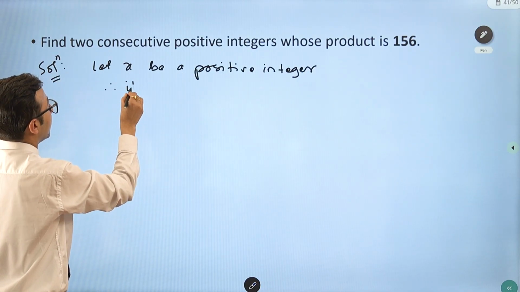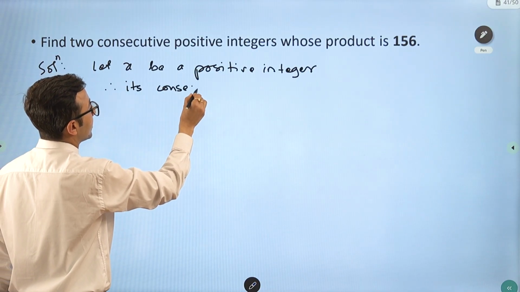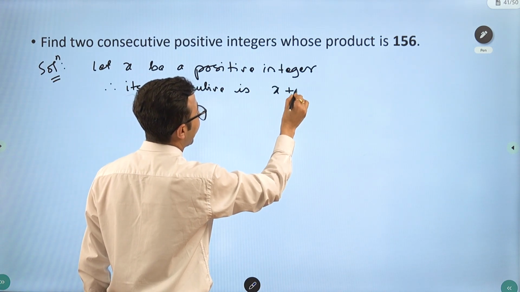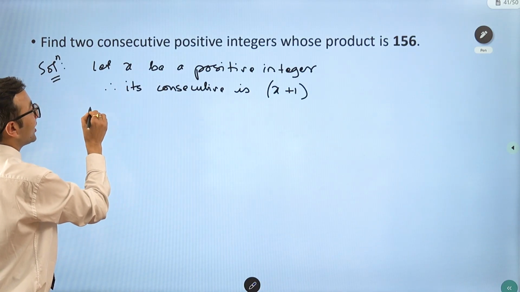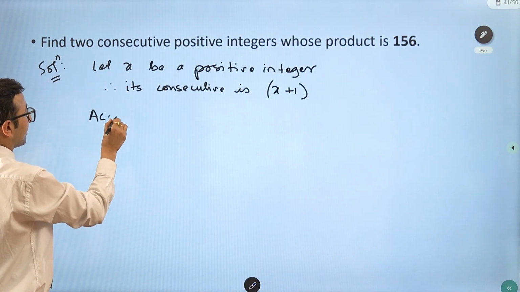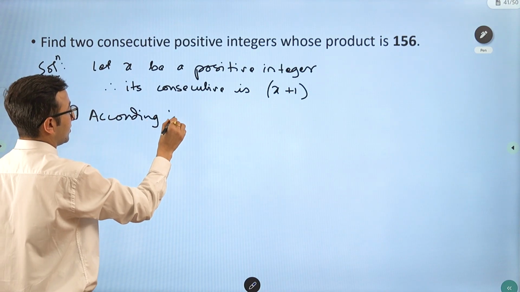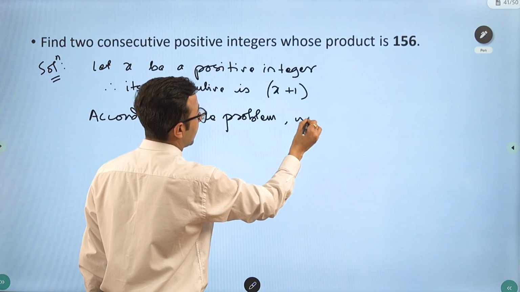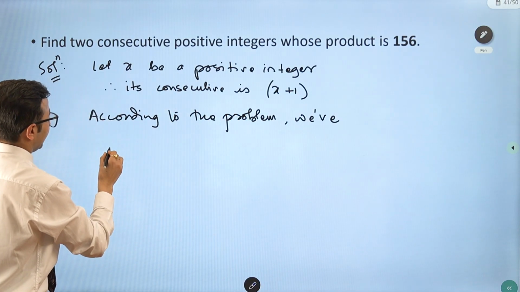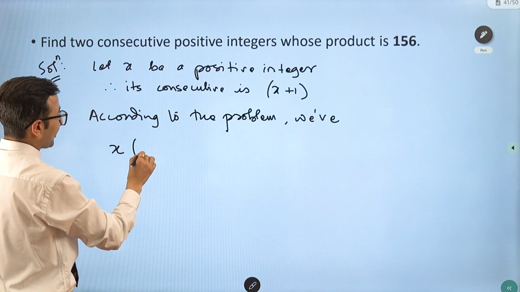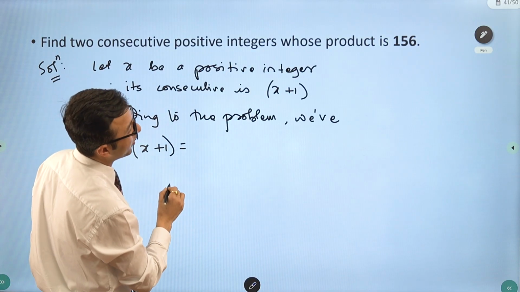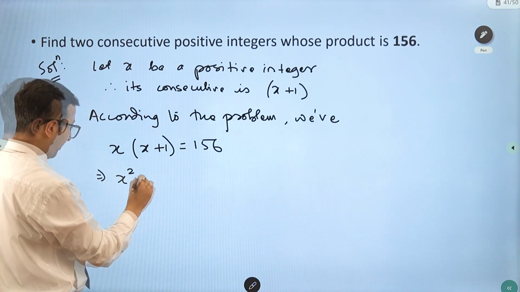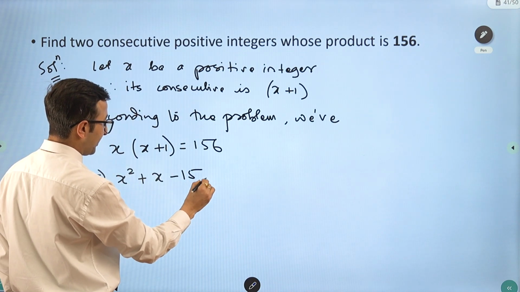Therefore, its consecutive is x plus 1, and their product, according to the problem, is 156. One of the numbers is x, another is x plus 1, and the product of the numbers is 156. If you multiply it, x into x is x square, plus x into 1 is x, minus 156 is equal to 0.